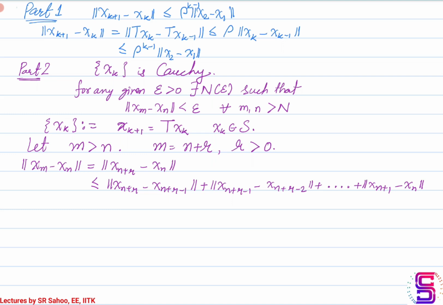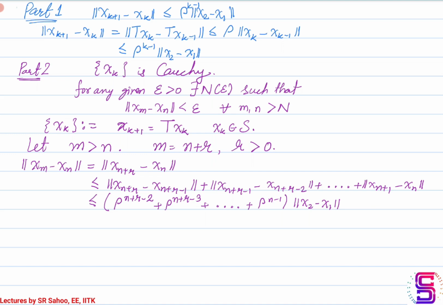This is what we get from the triangle inequality. Now if we use the result in part 1, this entire thing can be expressed as rho^{n+r-2} plus rho^{n+r-3} and so on till rho^{n-1}, times norm of x_2 minus x_1. So this is where we use part 1.